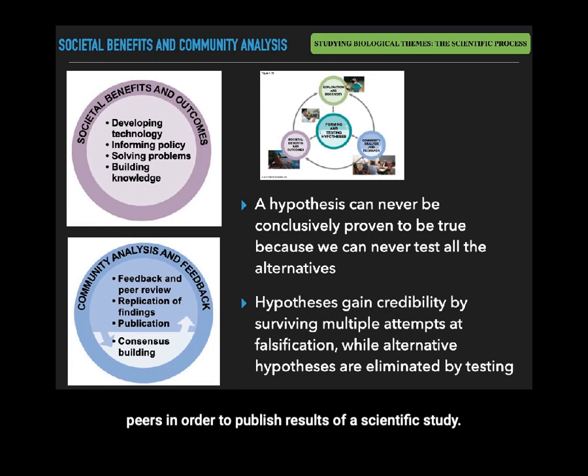In order to publish results of a scientific study, the manuscript describing those findings is reviewed by several experts in the field. Additionally, scientists often seek to replicate each other's work to provide additional support for the hypothesis in question. This builds scientific consensus.